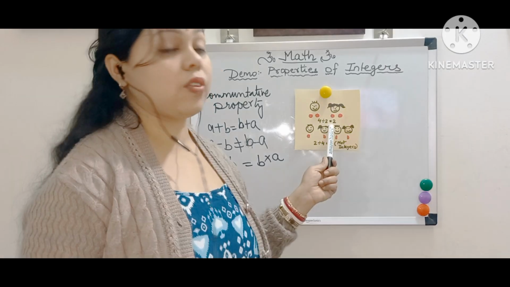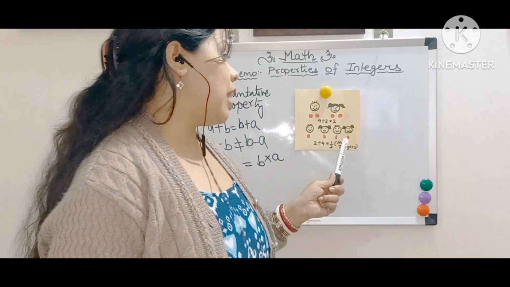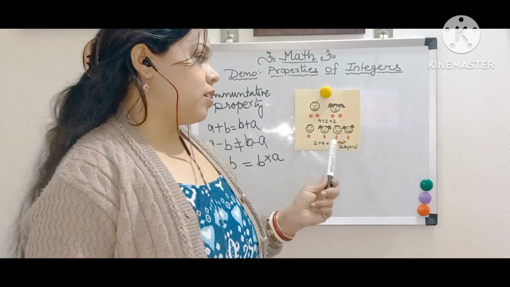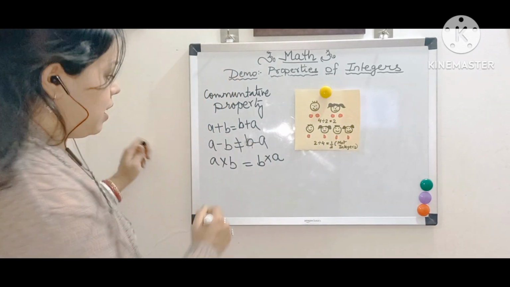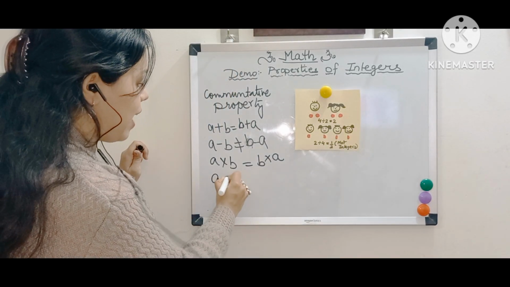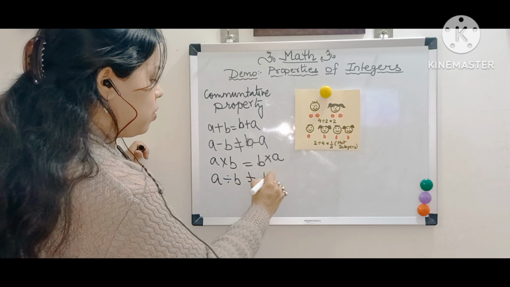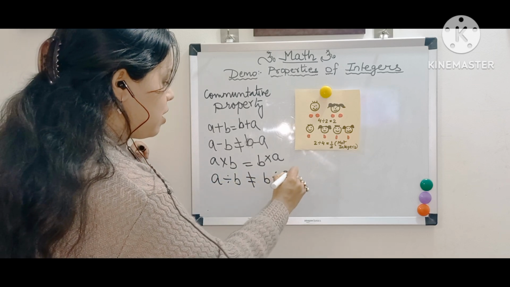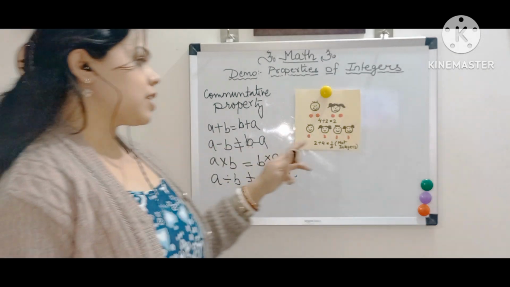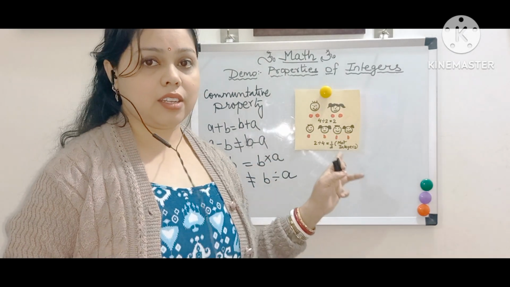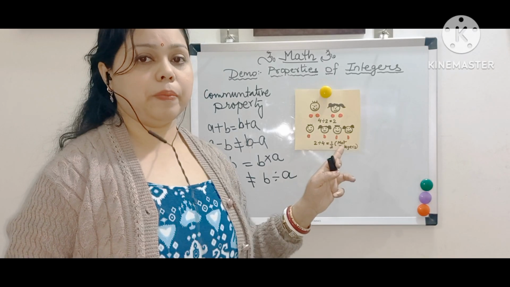But in this case you are getting an integer, and not in this case. Right? That means A divided by B is not equal to B divided by A, because half is not an integer, it is a fractional number.